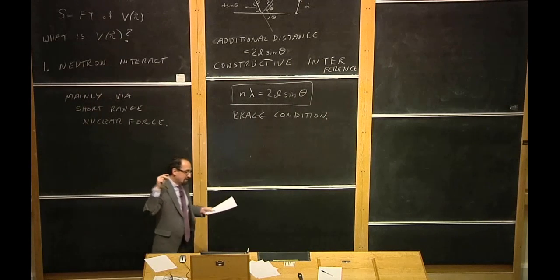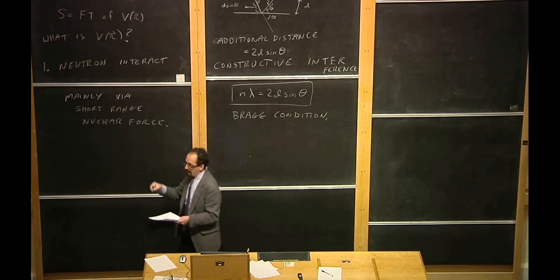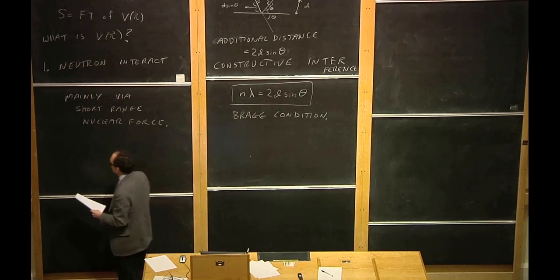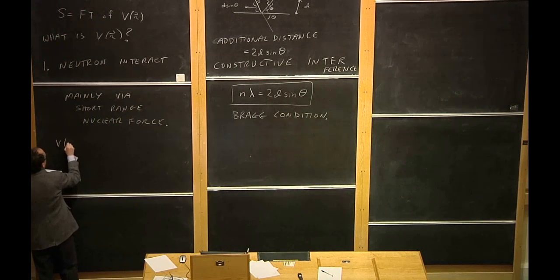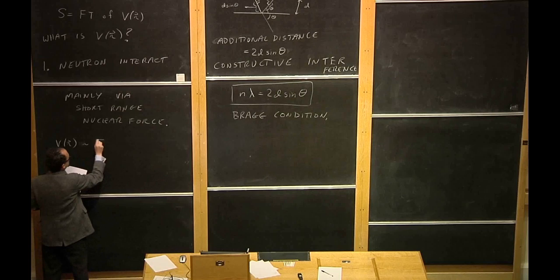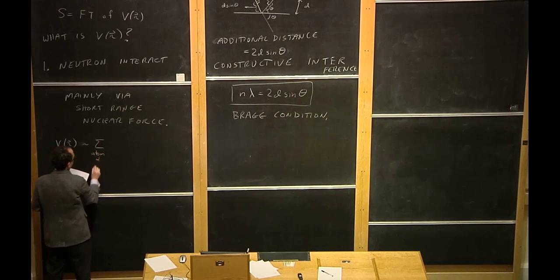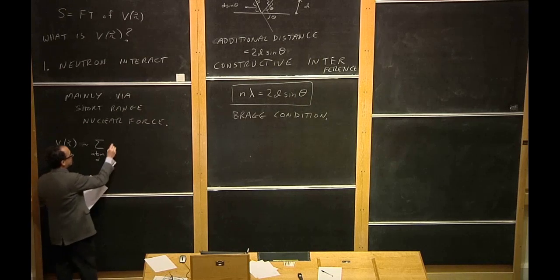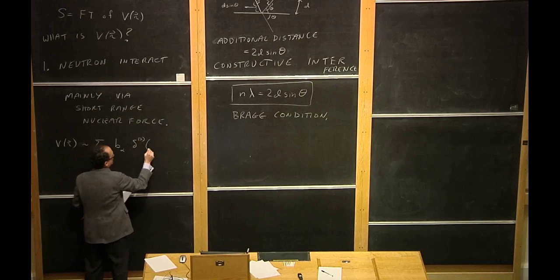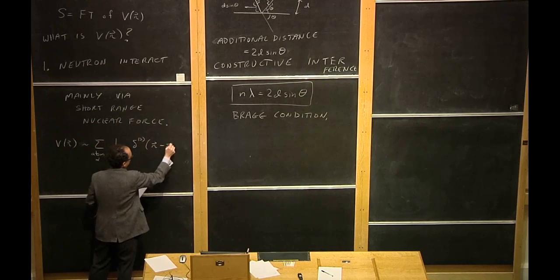It means the neutrons go into the sample and they see very short-range potentials associated with the nuclei, and we can write that V of r is proportional to the sum over all atoms alpha in the whole system, of some coefficient B alpha times a delta function potential at r minus r alpha.